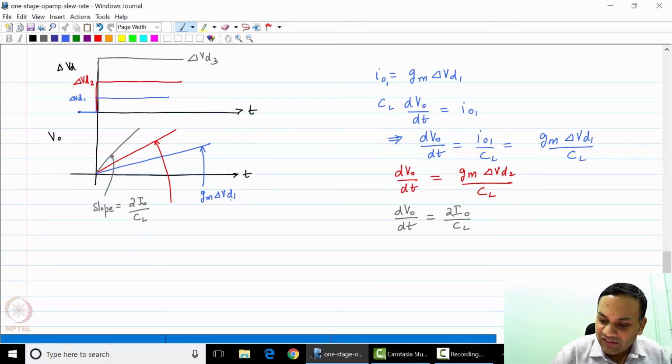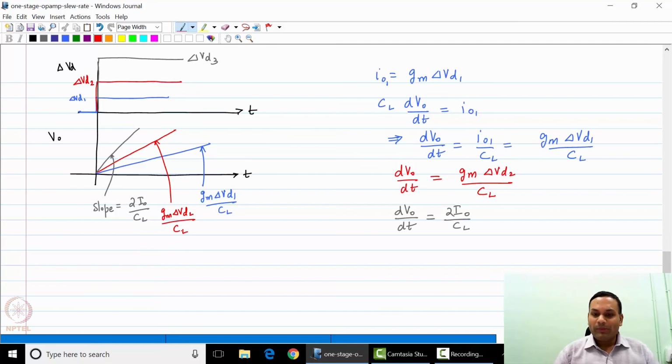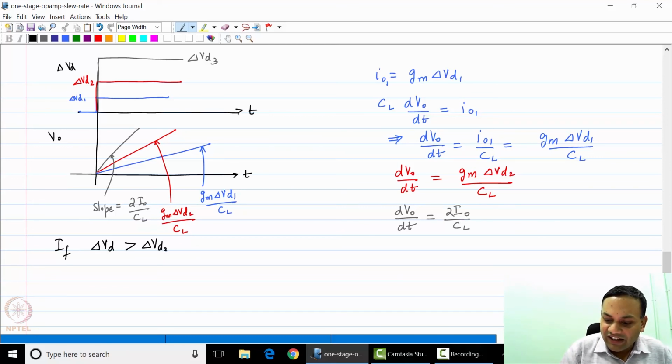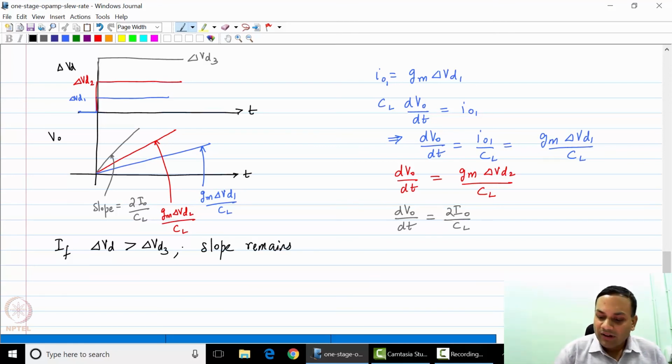This slope is GM delta VD1 by CL, and this is GM delta VD2 by CL. So it is important to remember, if delta VD is larger than delta VD3, VO slope remains as 2I0 over CL. You cannot charge the capacitance any faster.